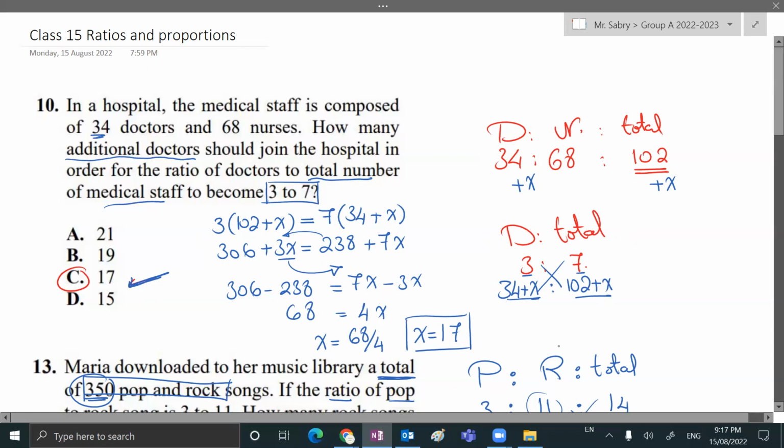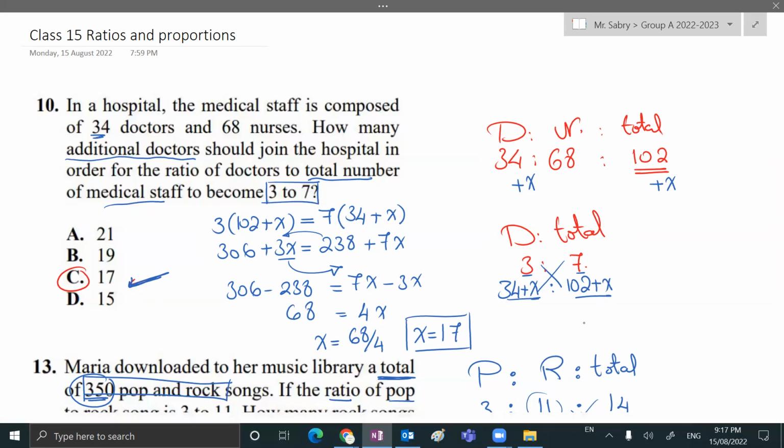However, Mr., can't we just directly take the 17 and try it out? Clearly the doctors' initial value is divisible by 17, and the nurses' value is also divisible by 17. The total is also divisible by 17.